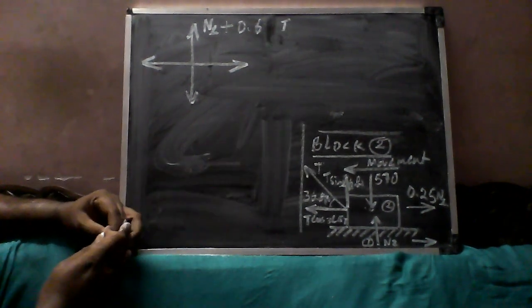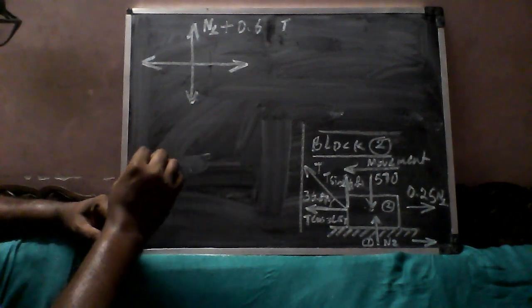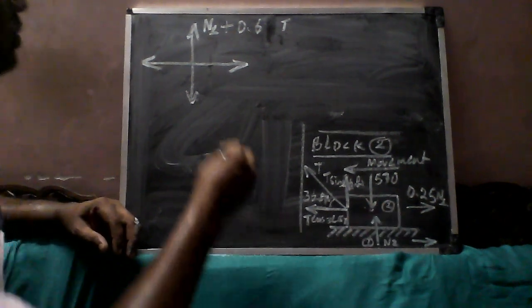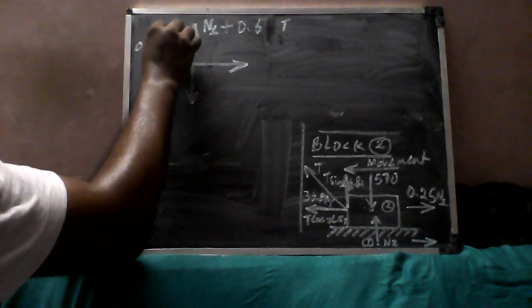Then T cos 36.87 on the left side, along with that, it is 0.8 T.